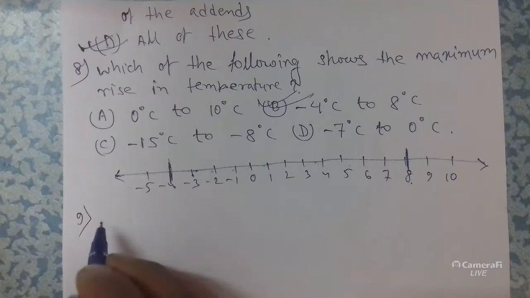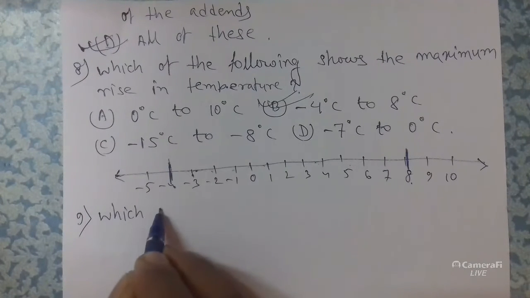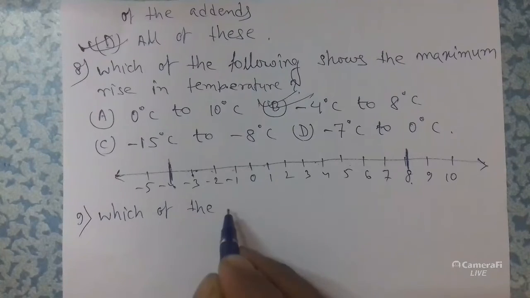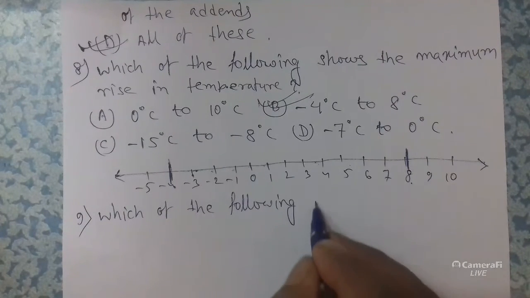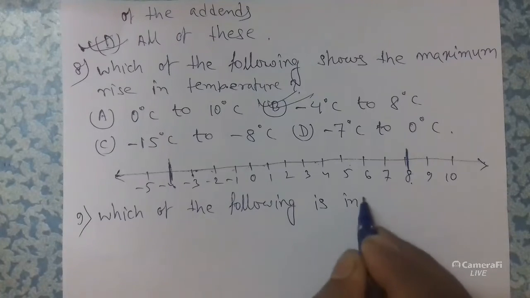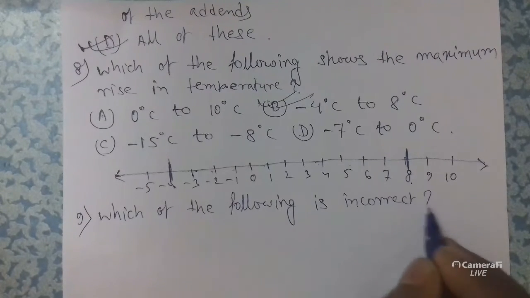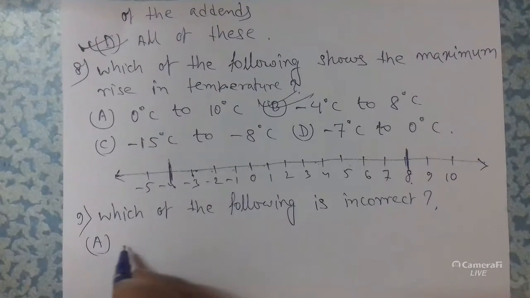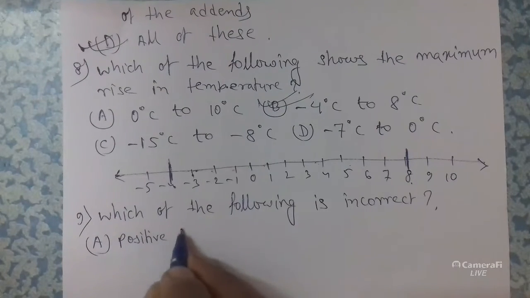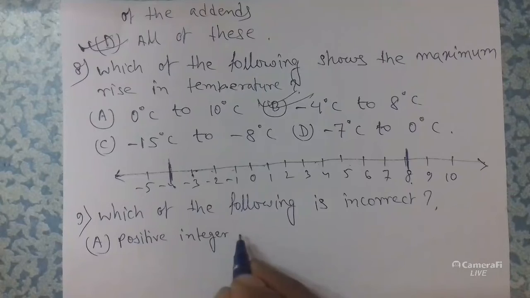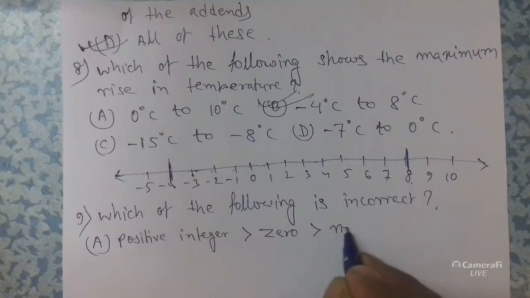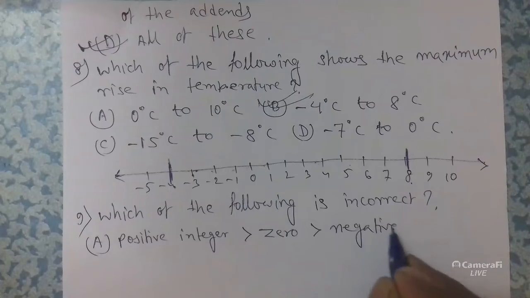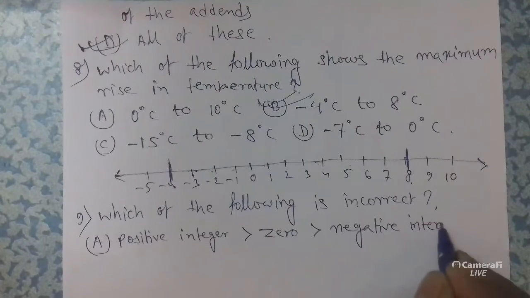Which of the following is incorrect? The options are: positive integer greater than 0 greater than negative integer.